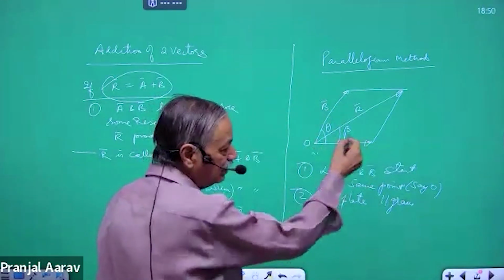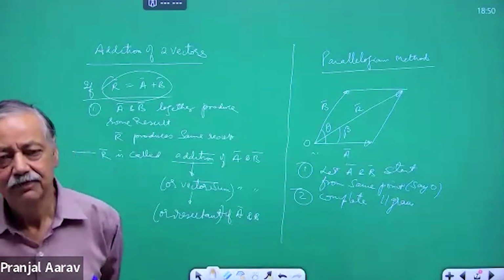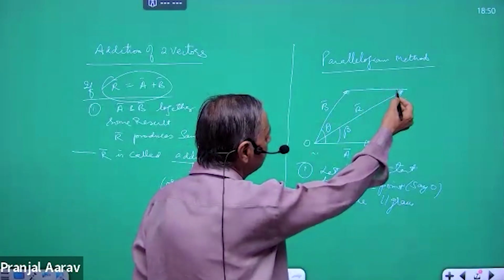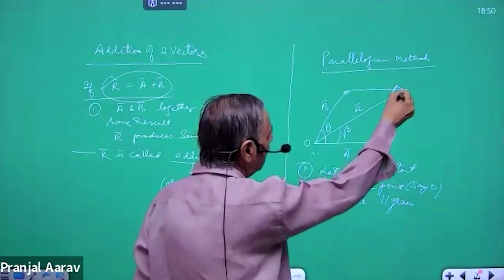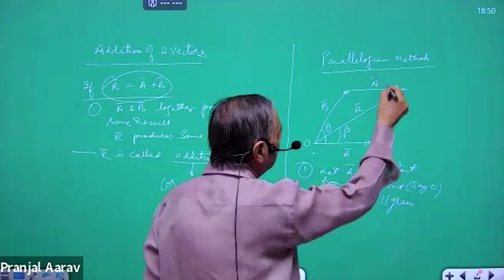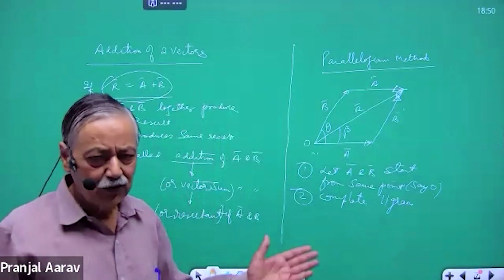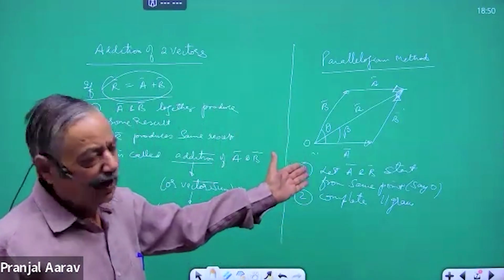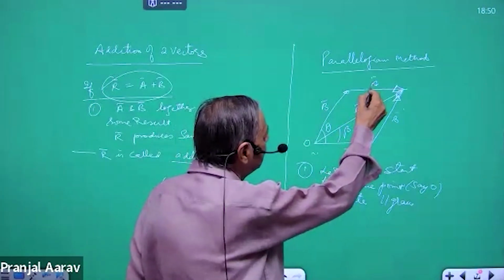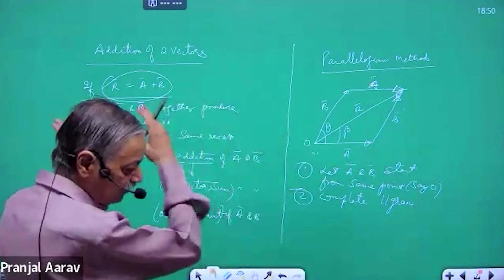A and B are there starting from the same point and you complete the parallelogram. Can you say this is A and this is B? Yes, sir. You can always say. So I need to write only two sides of the parallelogram. Other two sides are understood. Then there is a formula and I'll go to the derivation after this.